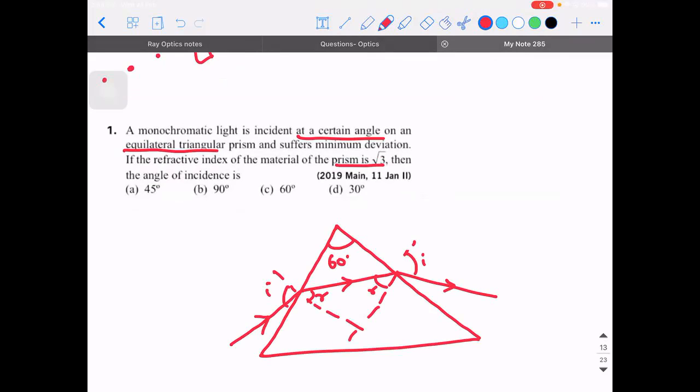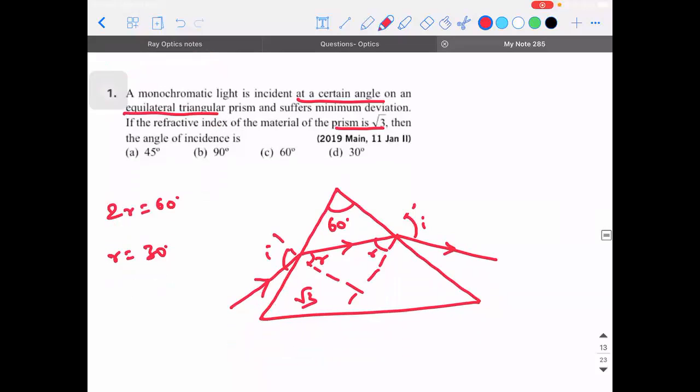The refractive index of the material of the prism is √3, then the angle of incidence is. So how do we proceed, guys? 2r is equal to 60 degrees. So r is how much? 30. The refractive index is given as √3. So they want the angle of incidence.